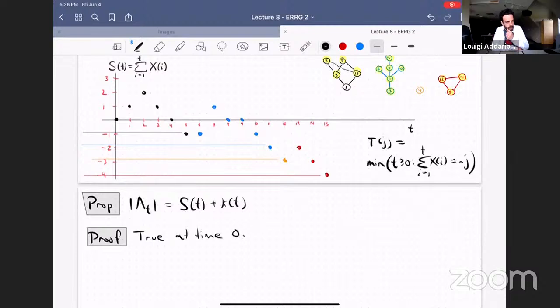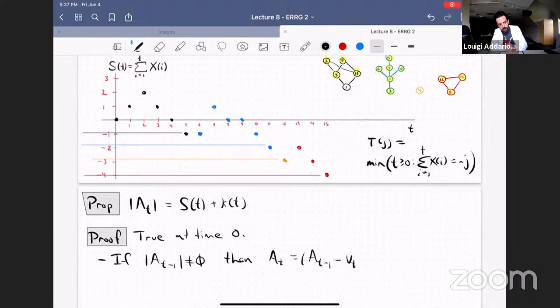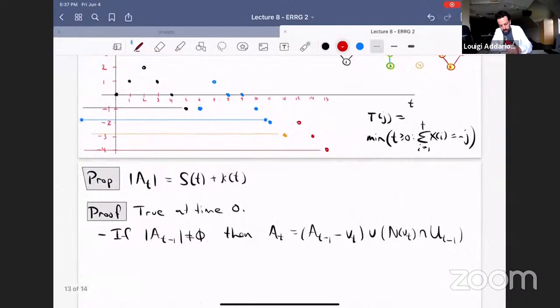And then for larger times, there's two possibilities. One is if we're in the midst of exploring a component, we're not at the end. Then At is At minus 1: we remove vt, and then we add these neighbors. So we get that the size of At is the size of At minus 1 plus the size of the newly discovered set.